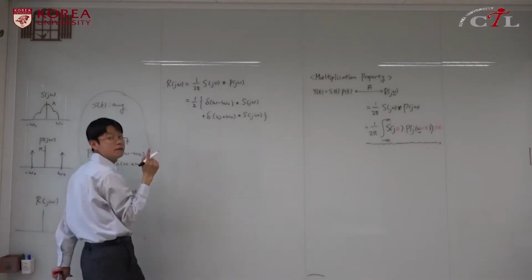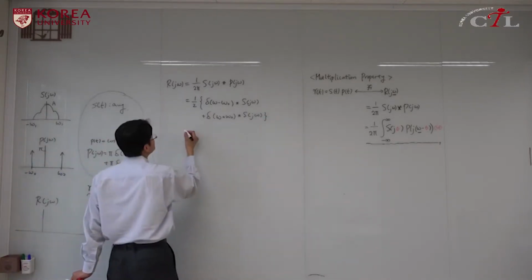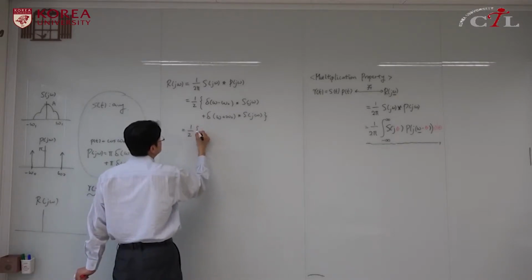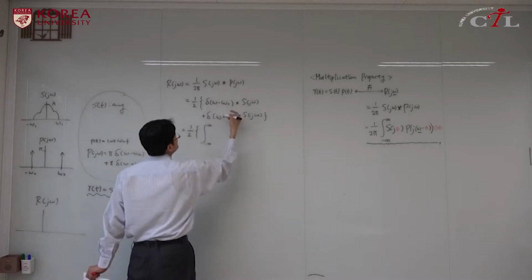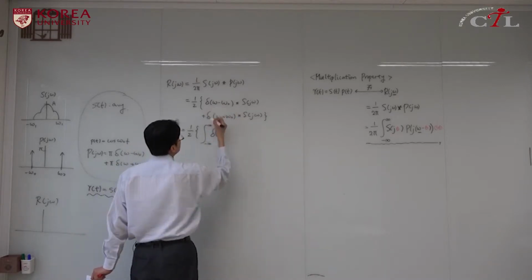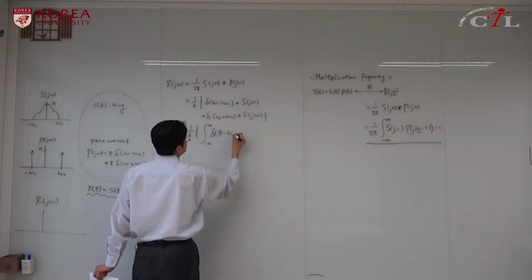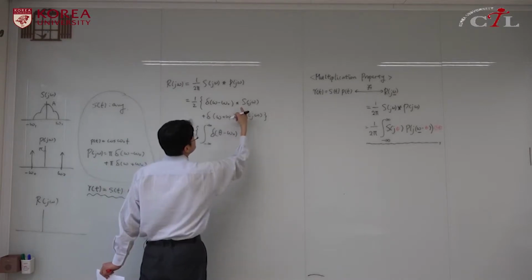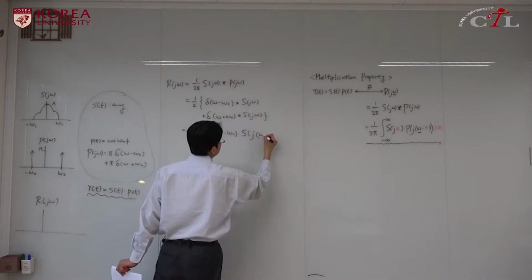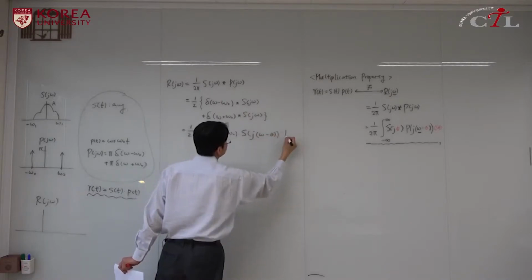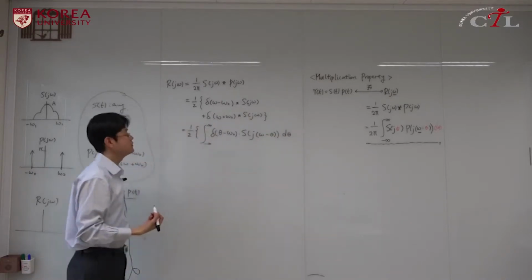Then, by the definition of convolution, we can simply write down the integral from minus infinity to infinity of delta(θ minus ω0) times S(j(ω minus θ)) dθ.